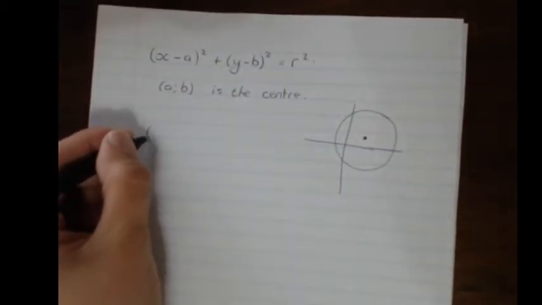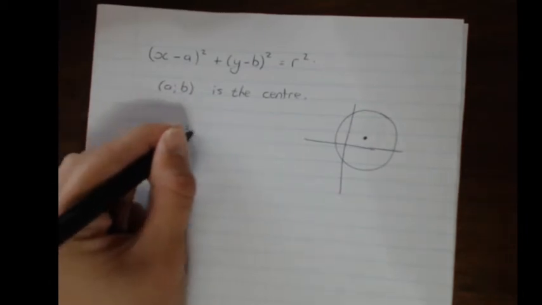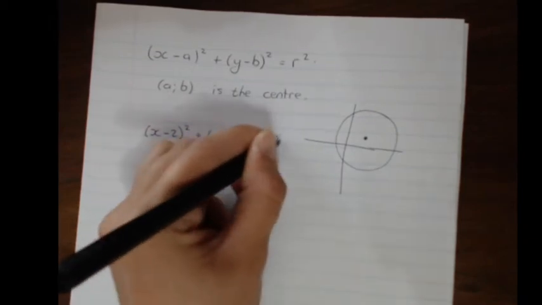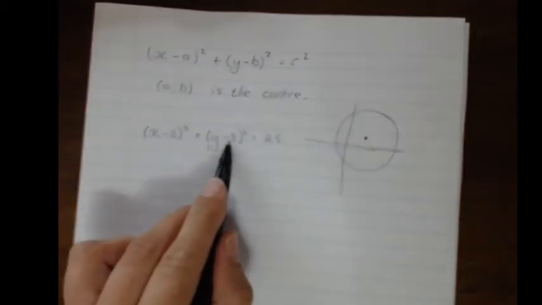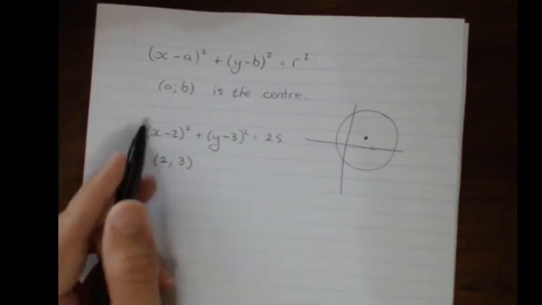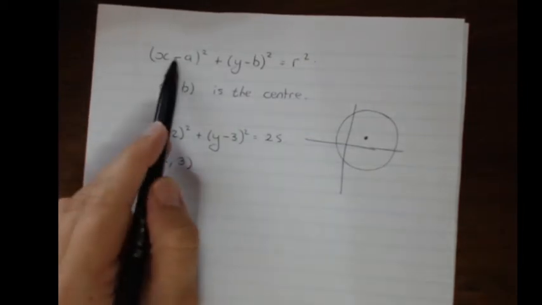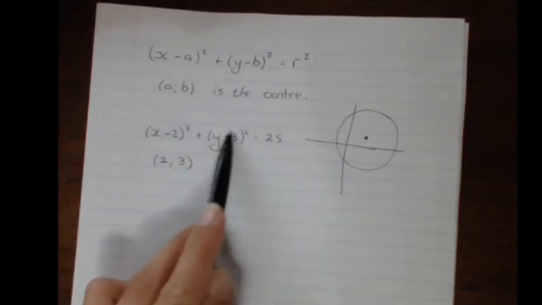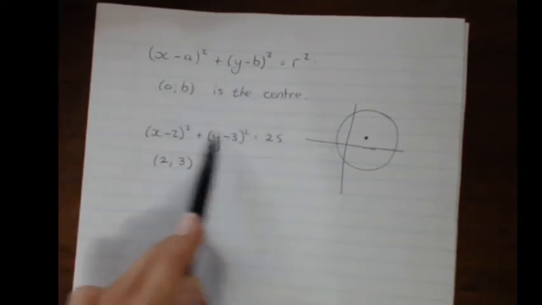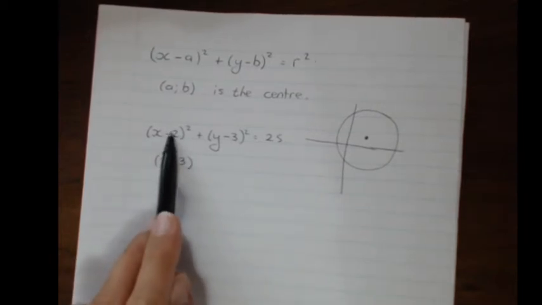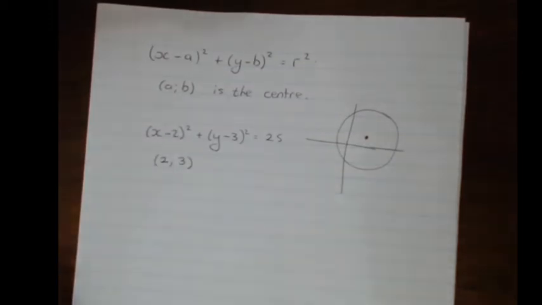If the equation says (x minus 2) squared plus (y minus 3) squared is equal to 25, the coordinates of the center are actually going to be positive 2, positive 3, because the minus is in the formula, and the a is just 2, the b is just 3. So just be careful, writing that sign down in your coordinates is wrong. If that's a negative 2, the coordinate would be positive 2.